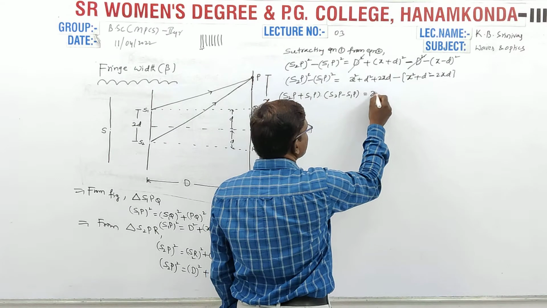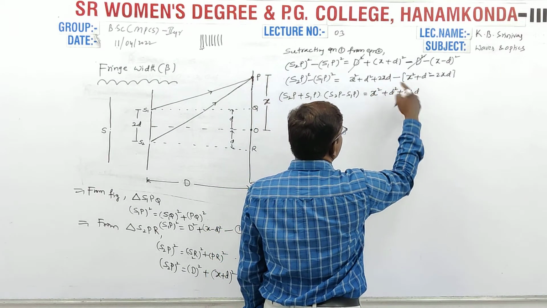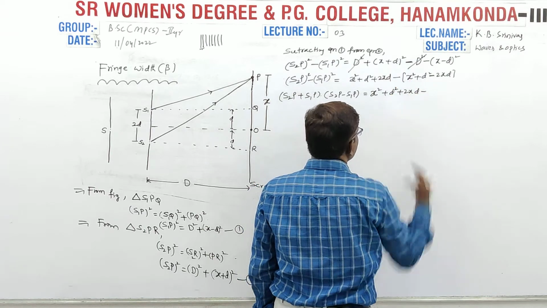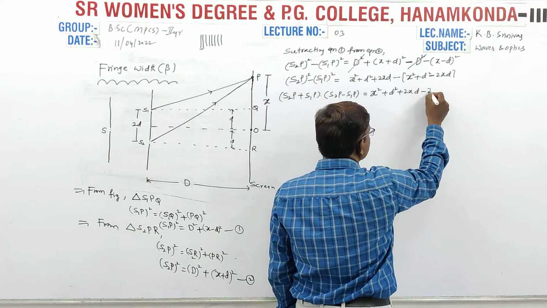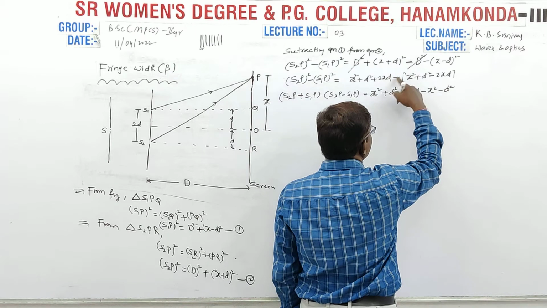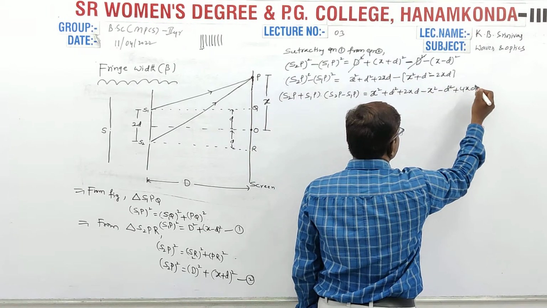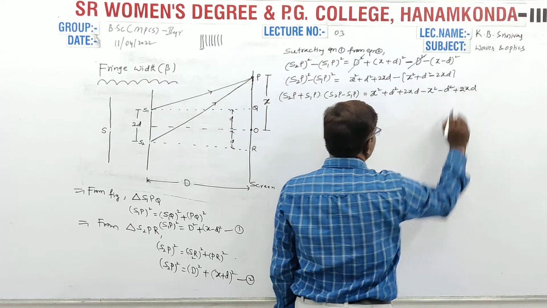Coming to the right hand side, x square plus d square plus 2xd, minus into the bracket. So the signs of all terms in the bracket will be reversed. Plus becomes minus, this plus becomes minus, and the last term, minus into minus, becomes plus. Clear? This is 2xd. Is it clear?